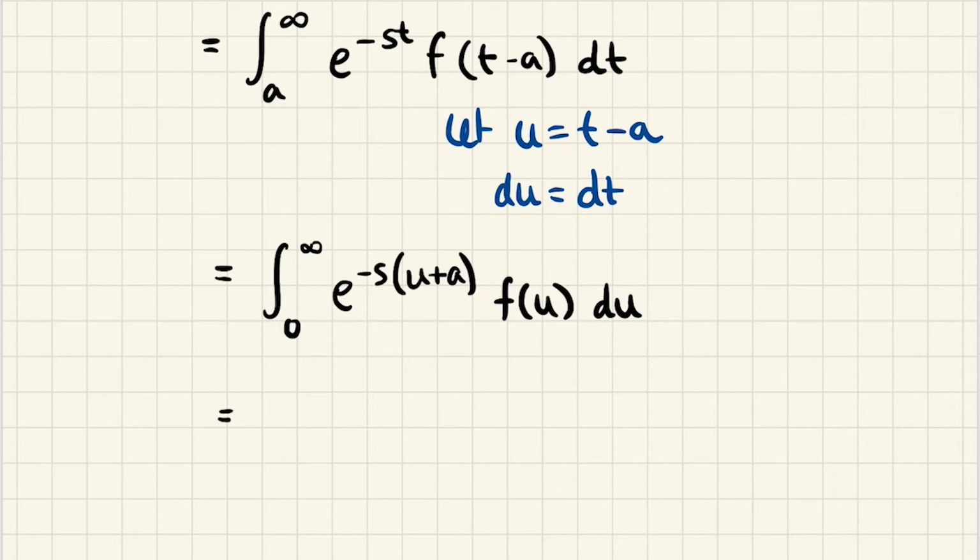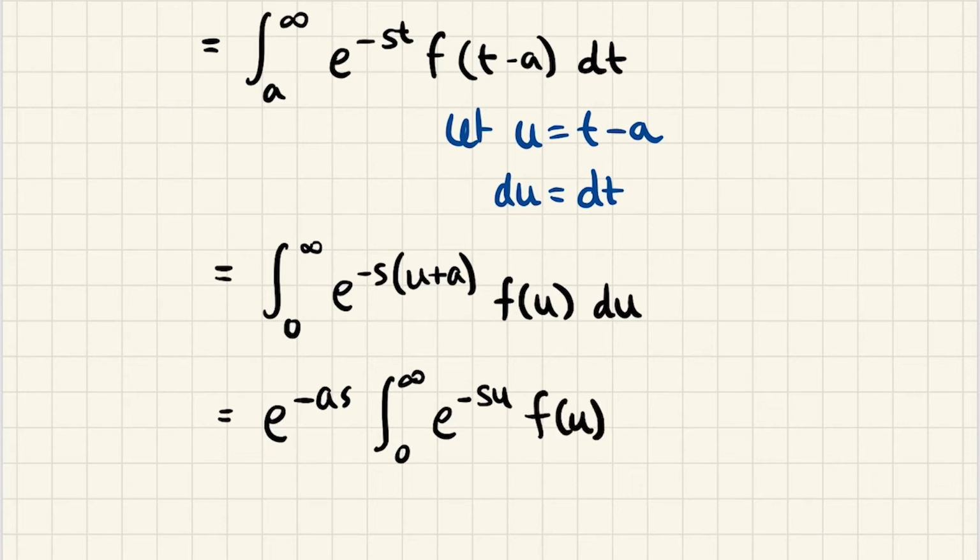Okay, so the variable of integration here is of course u. Now s and a are both constants relative to the integral, which means we can factor out e to the negative as. So we'll write e to the negative as, and then times the integral from 0 to infinity of e to the negative su f of u du.